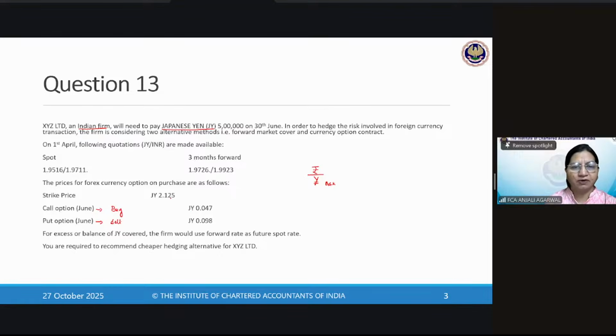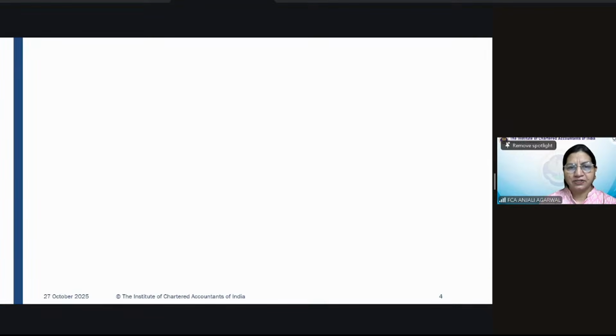So you will be fixing your price that you're going to sell the rupee for 2.125 Japanese yen. However, the premium which you have to pay, that would be your cost. So you'll have to pay addition. Right? I hope you have recalled what we have discussed in last session.